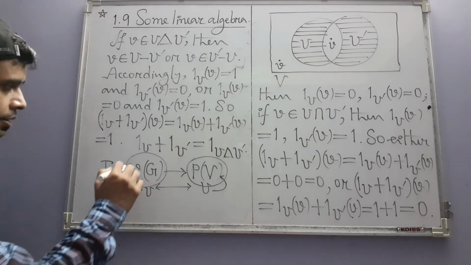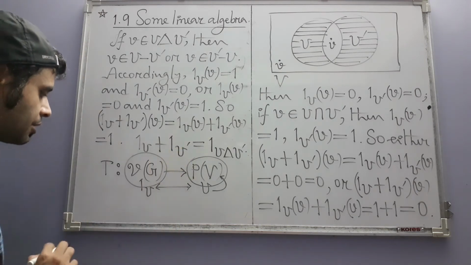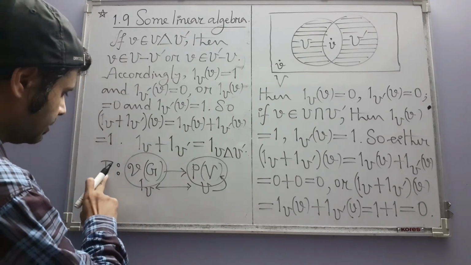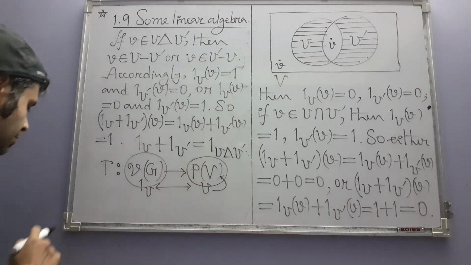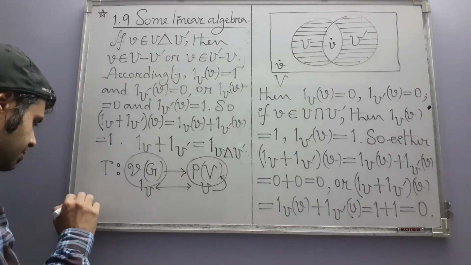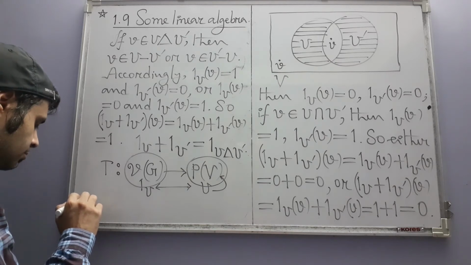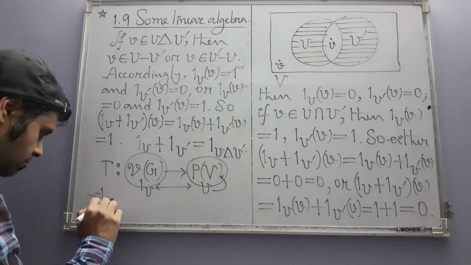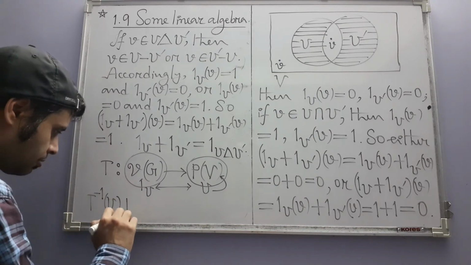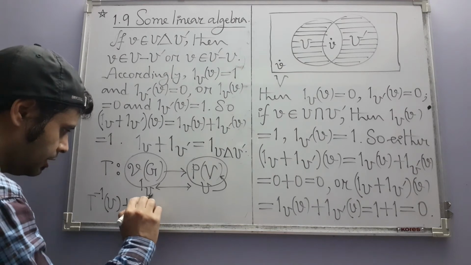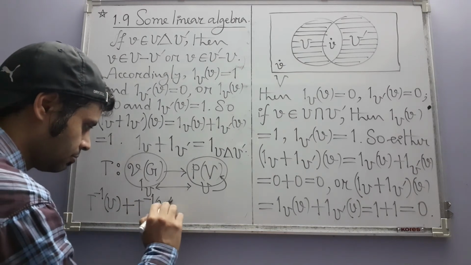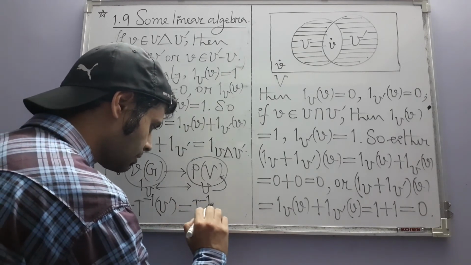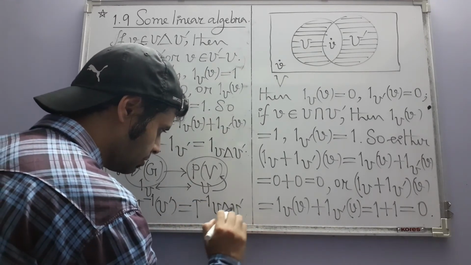because you see, what is this 1 U plus 1 U prime? Well, I am taking things from this side to this side. Okay, fine. It just tells us that T inverse U plus T inverse U prime is equal to T inverse U delta U prime.